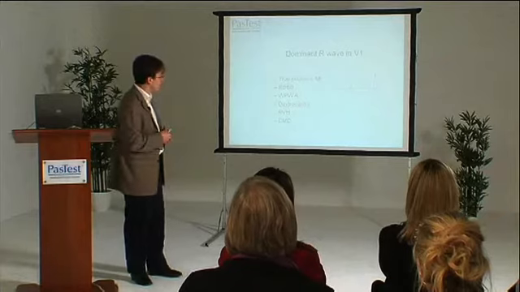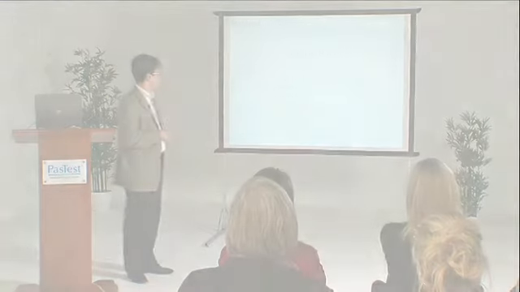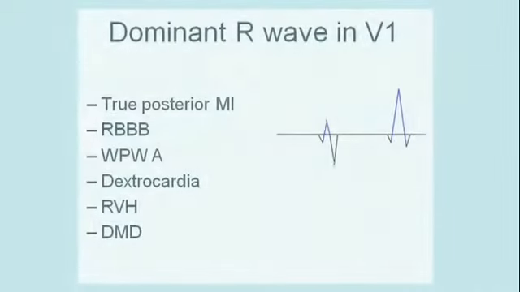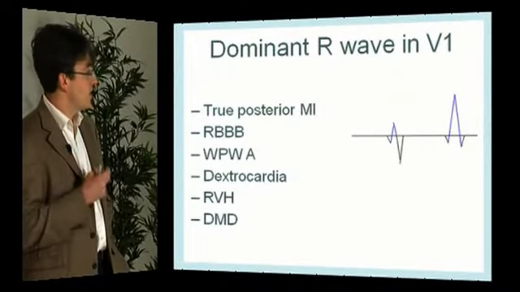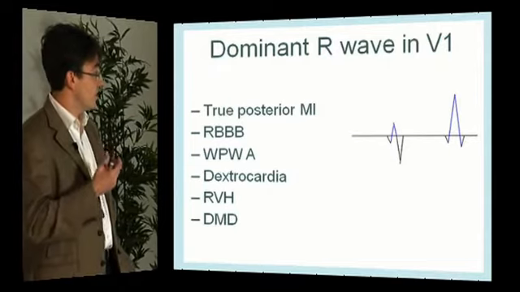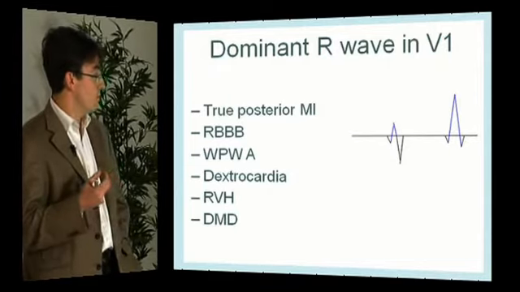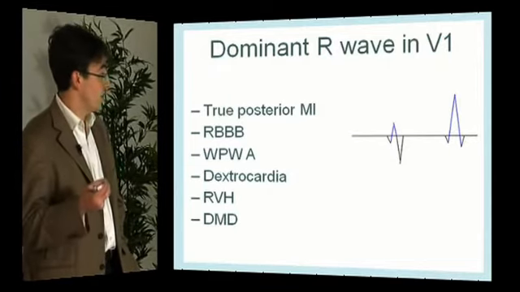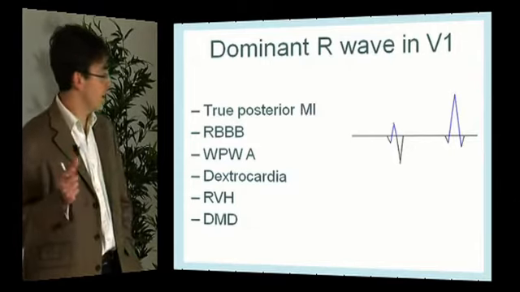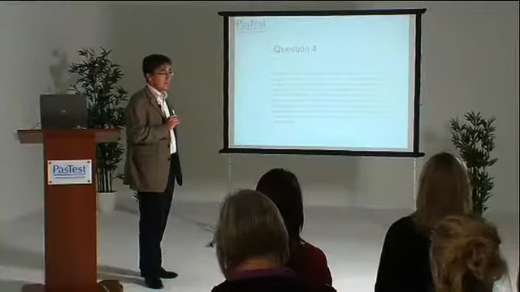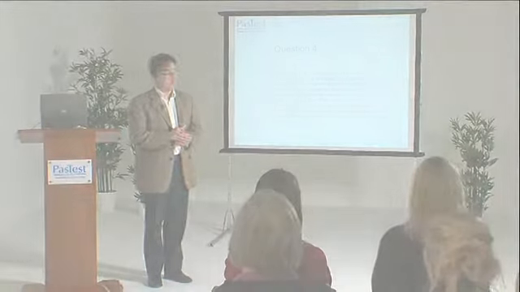So if you see a big R wave in V1, it could result from a true posterior myocardial infarction. These are all right-sided things: right bundle branch block, Wolff-Parkinson-White type A, dextrocardia, or right ventricular hypertrophy. Or they may have an underlying muscle problem such as Duchenne's muscular dystrophy. So now move on to question 4.